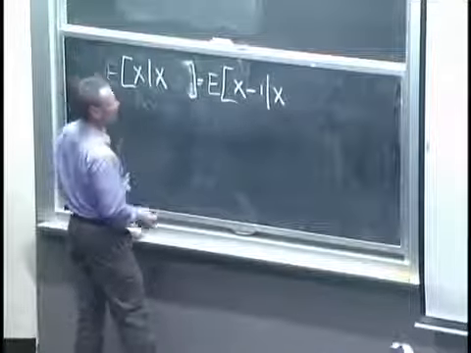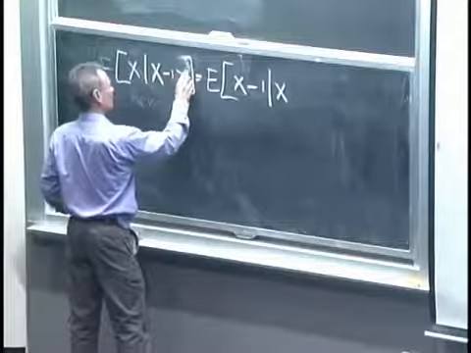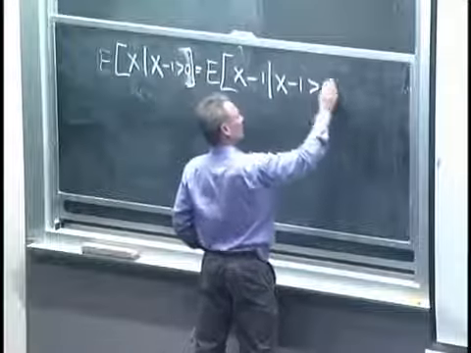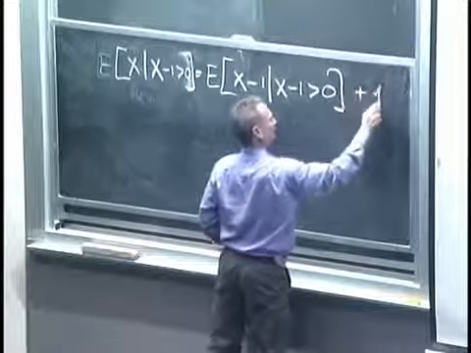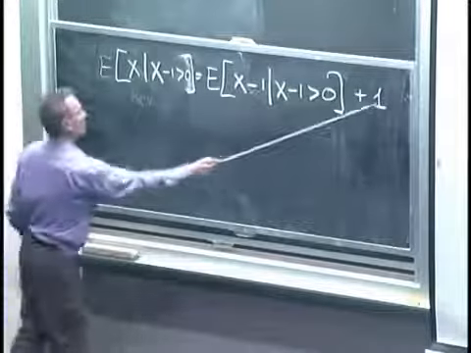Okay, x bigger than 1 is the same as x minus 1 being positive. This way, the expected value of x minus 1, given that x minus 1 is positive, plus 1. What did I do here? I added and subtracted 1.